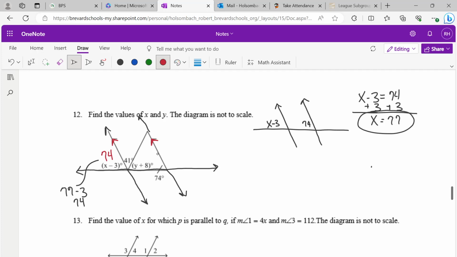So now I'm going to redraw this portion of the picture right here. Let me highlight it for you. And what it would look like is this.